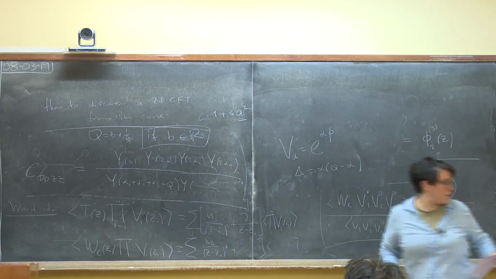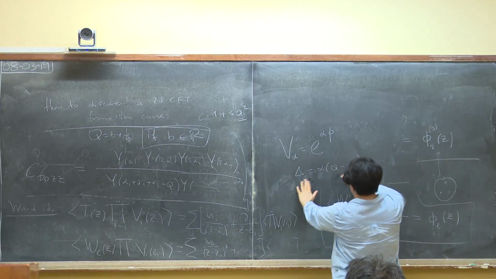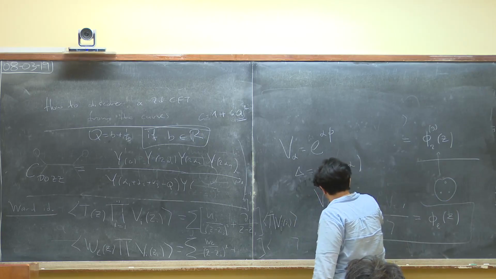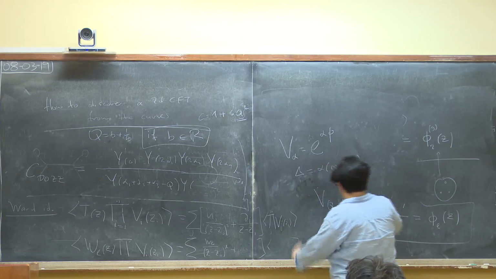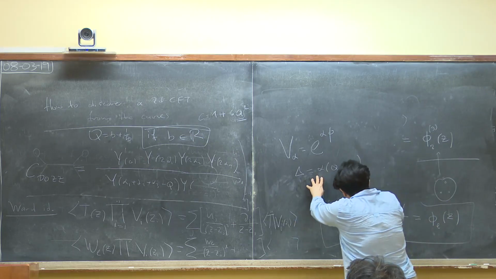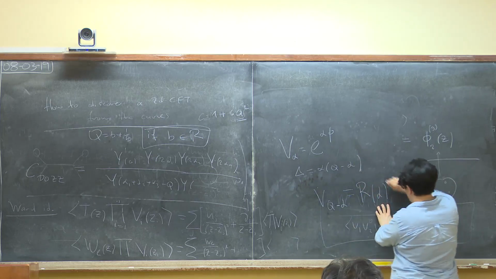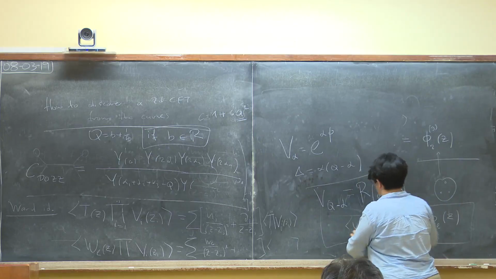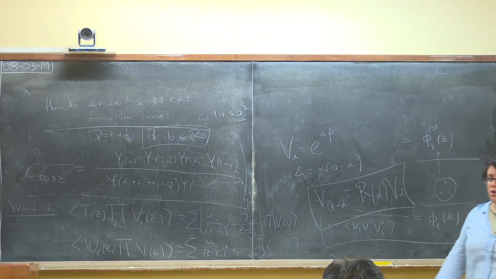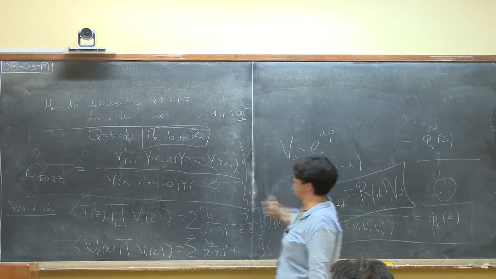If you write V_{Q-α}, this object has the same Δ. But then you impose that there is a relation between them, and that's called the reflection coefficient. So you take it as one vertex operator, not two. So no degeneracy, plus this is real, this is a unique solution.